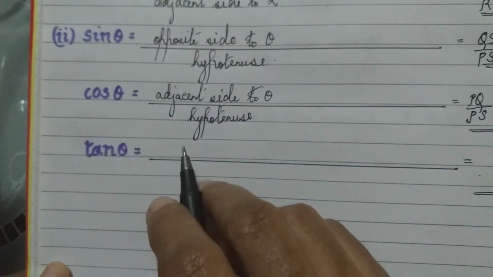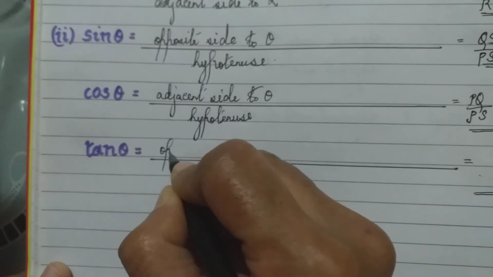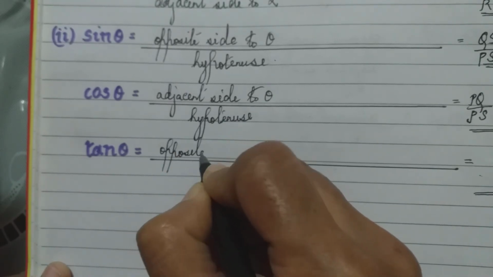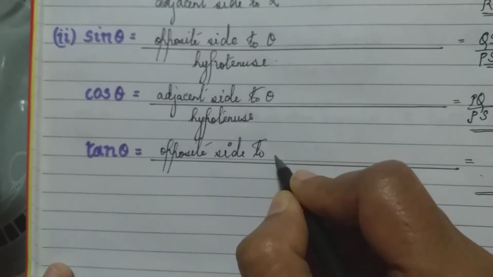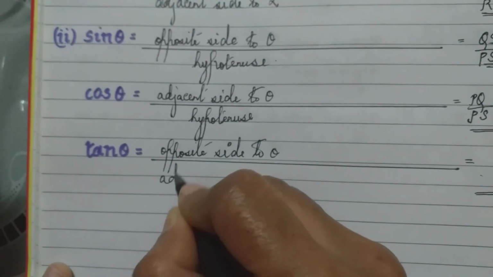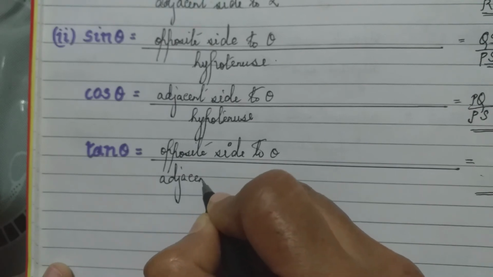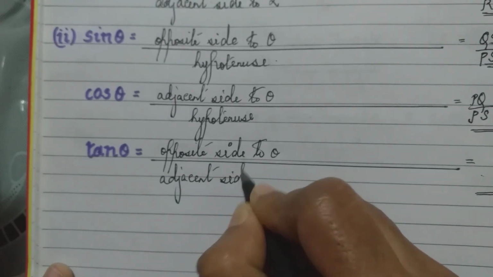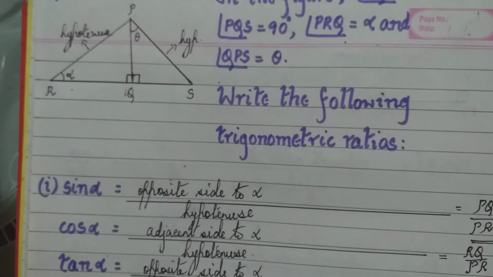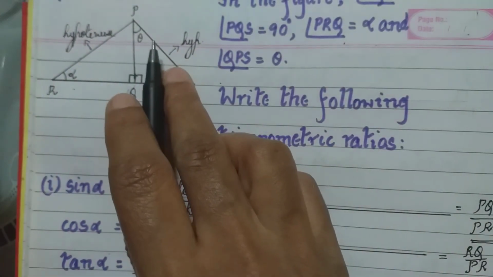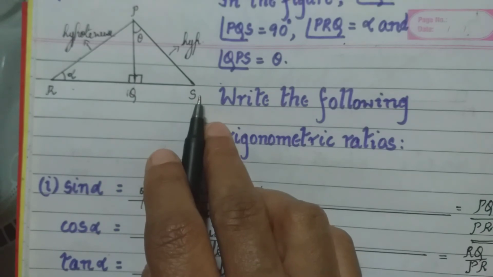And the last one, tan theta. Tan theta is opposite side upon adjacent side, but the angle here is theta. So opposite side to theta upon adjacent side to theta. Look at the figure here. Theta is here. Opposite side will be QS.